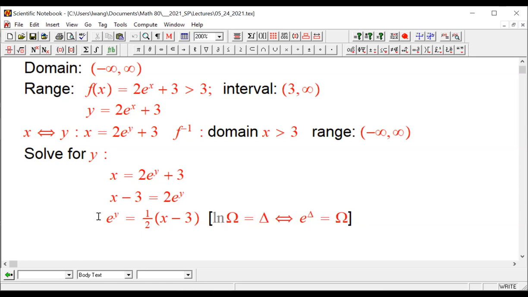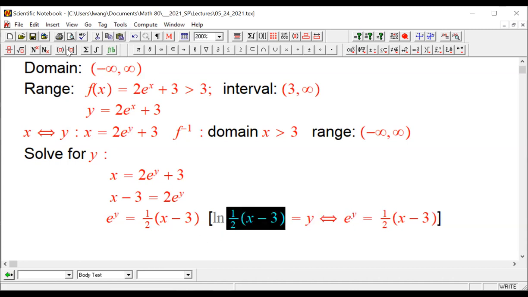So I have e to the power of y, so triangle is y. Omega is half of x minus 3, so omega will be replaced by half of x minus 3.